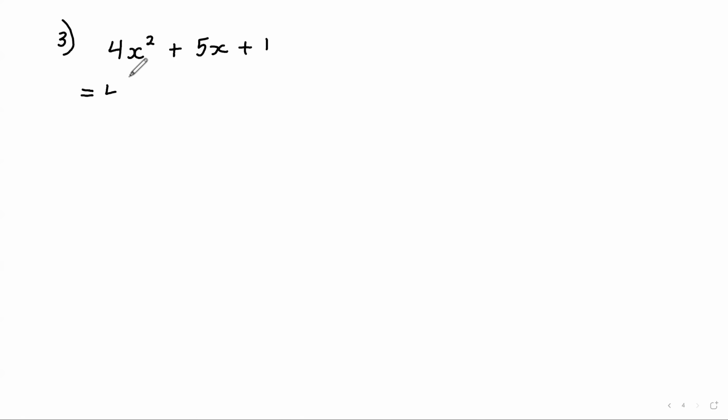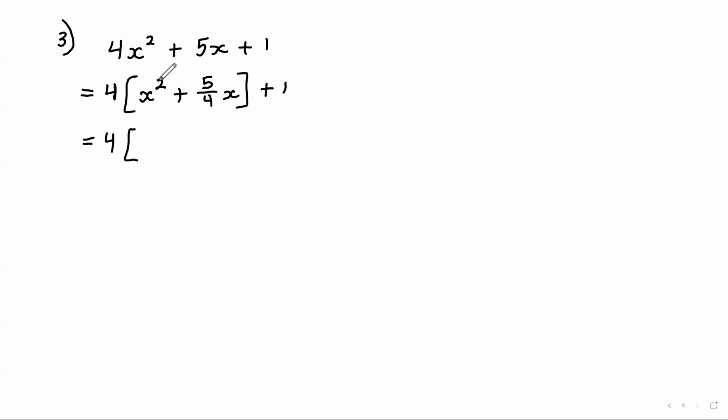So to factor 4 out, I'm going to take the 4. I'll say 4 into 4x squared will just leave me with x squared. And then 5 divided by 4 would be 5 over 4x plus 1. And now I could complete the square within these square brackets here. So I have 4 on the outside.